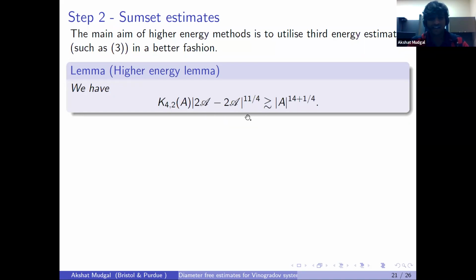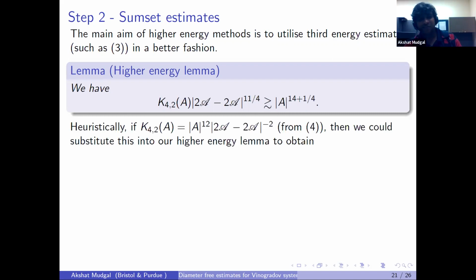So again, this lemma says that the sumset and higher energy can't be small simultaneously, but now I have more weight towards the sumset. Earlier I just had 2A minus 2A squared, but now I have 2 plus 3 by 4. So somehow this should already tell you that I have better estimates for the sumset from this higher energy lemma.